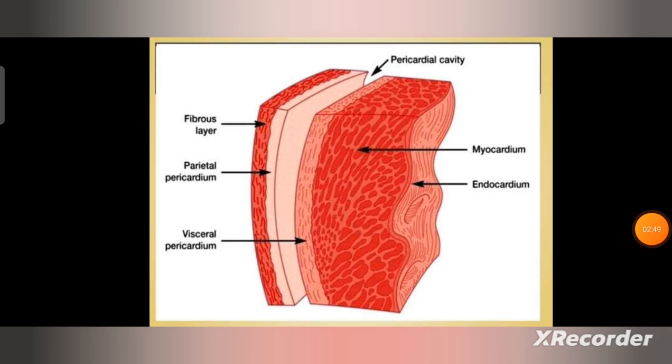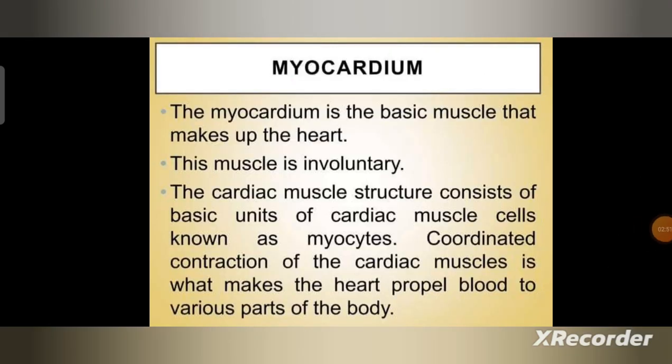So the next layer of the heart is the myocardium, which is the middle layer of the heart. The myocardium is the basic muscle that makes up the heart. This muscle is involuntary and the cardiac muscle structure consists of basic units of cardiac muscle cells known as myocytes.